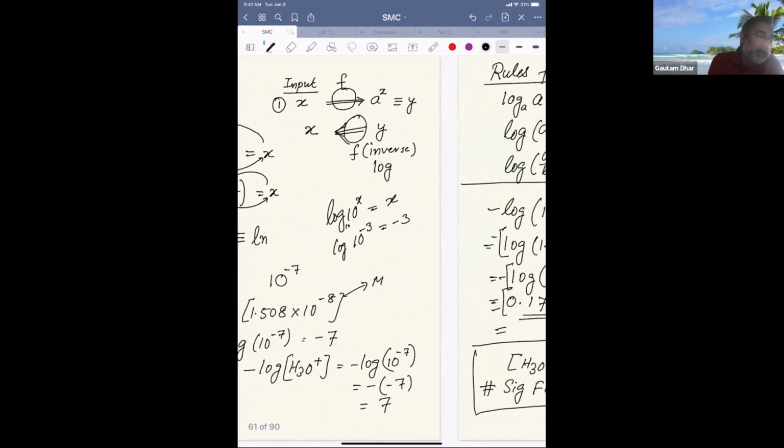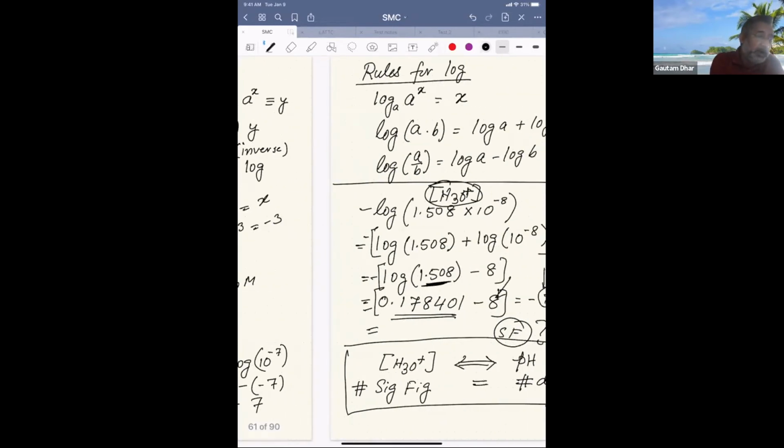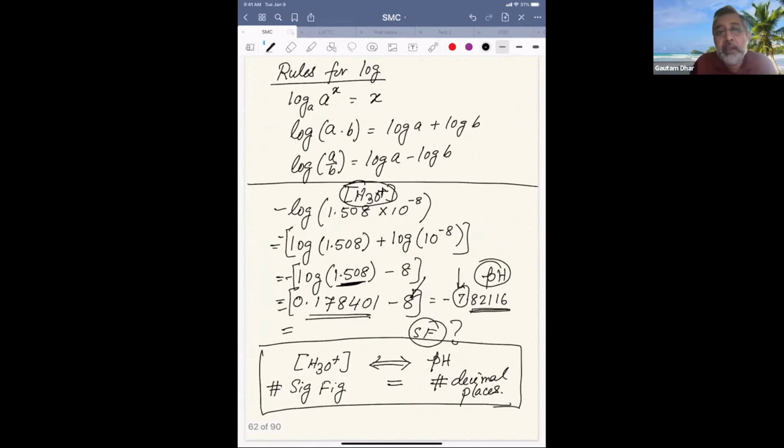Now, these are some of the rules for log. Okay, so log of a to the power x to the base a is always x. And log of A multiplied by B is log A plus log B. So multiplication gets added. So remember, powers get added when you multiply. And powers when you divide, you subtract, right?